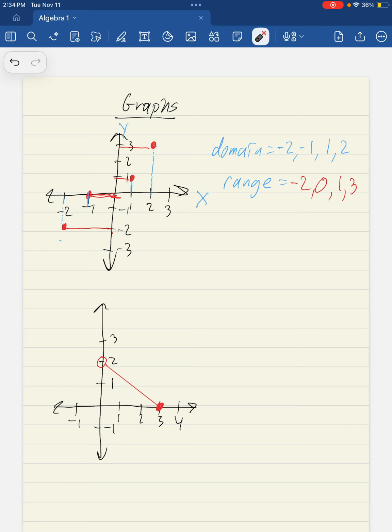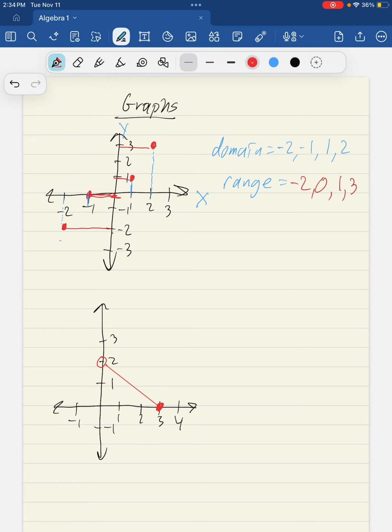So we use inequalities. And how we do it for domain, I'm looking for the left-right movement. Remember, domain is my x values, range is my y values. The x goes left, right, so I ask, what's the smallest I go in the x direction? Well, it's right here at 0. What's the biggest I go? Well, the biggest is 3.